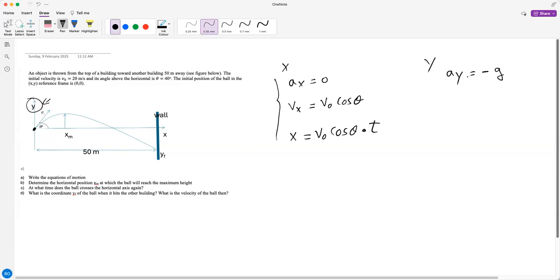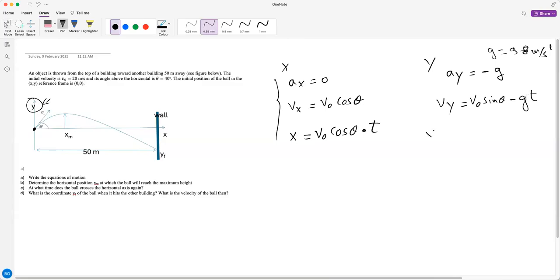It will be equal to minus g, and g is 9.8 meters per second squared. This is the usual gravitational strength. Then we can integrate to get the velocity along the y-axis. The velocity along the y-axis is equal to the initial velocity along the y-axis, which is the projection v0 sine theta, minus the integral of the acceleration, which is gt.